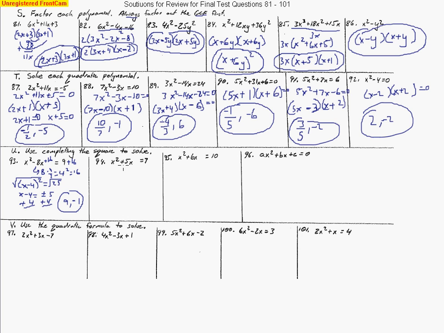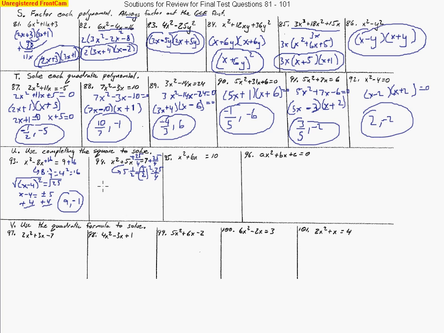Over here it's a little bit trickier because we have to take half of an odd number, and we have to deal with a fraction. So we have 5 halves, but we have to square that number, and that's where we're getting 25/4. And that's the number that you add to both sides. So 25/4 here plus a 25/4 over on this side.